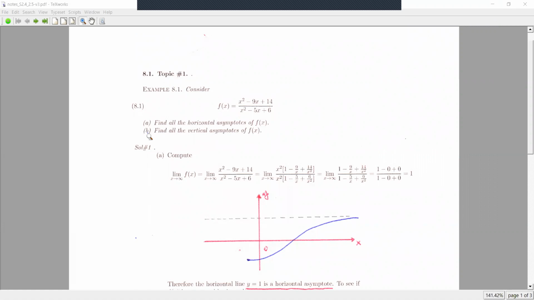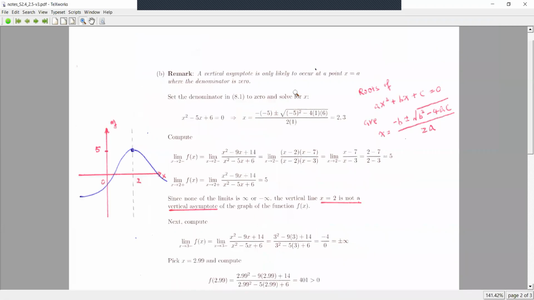To answer part B, there is one important remark. Remember this remark. A vertical asymptote is only likely to occur at a point A where the denominator is 0.